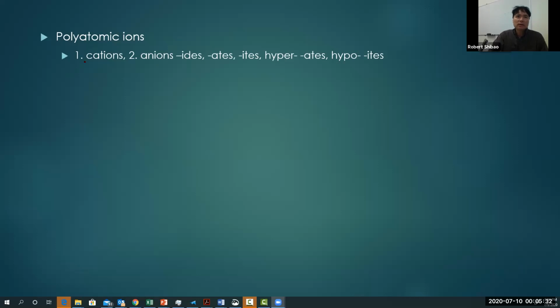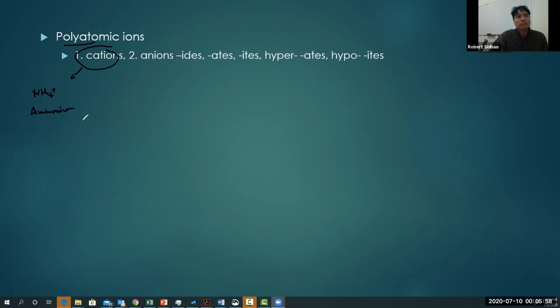There aren't very many polyatomic cations, so the easiest thing to do is just to memorize them. And so what are the polyatomic cations that you need to memorize? Let's look at these guys here first. The polyatomic cations are going to be a couple of common ones. NH4+ is called ammonium, or ammonium ion.